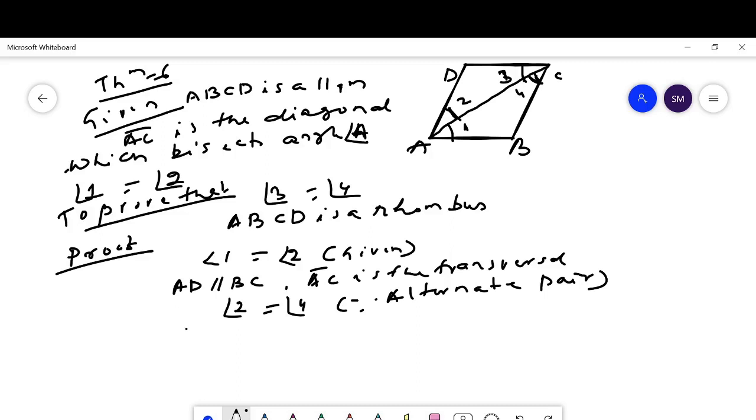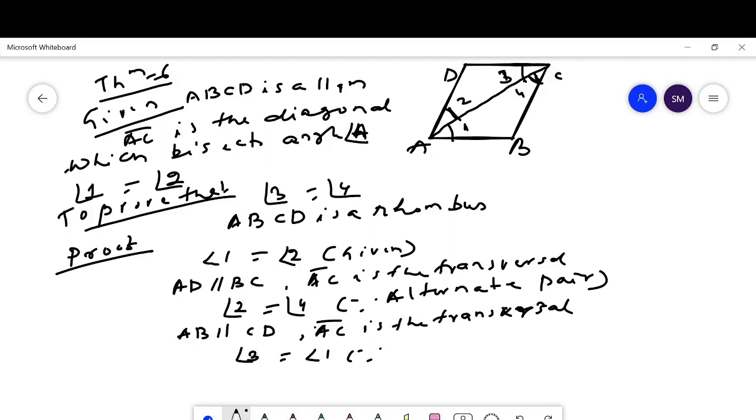In another condition, AB is also parallel to CD and AC is the transversal. Then the measure of angle 3 is equal to the measure of angle 1 since they are an alternate pair.